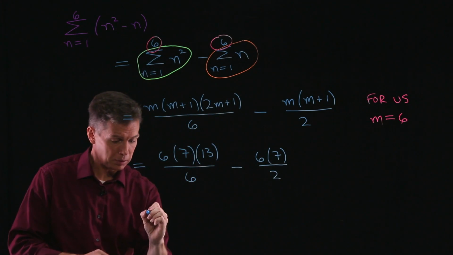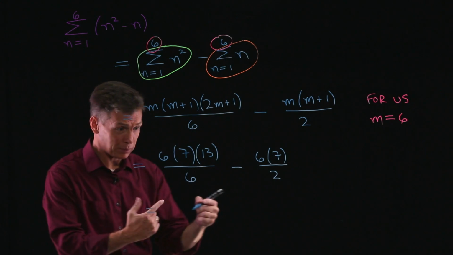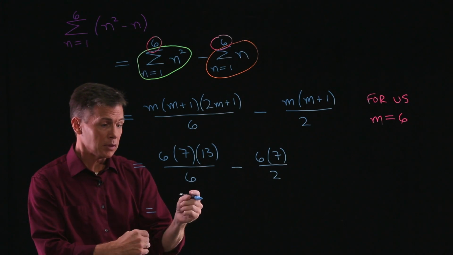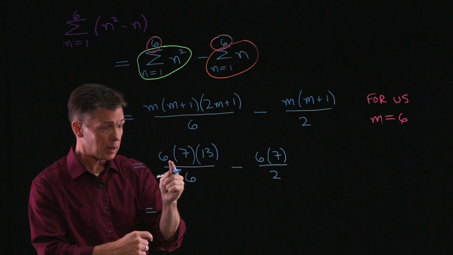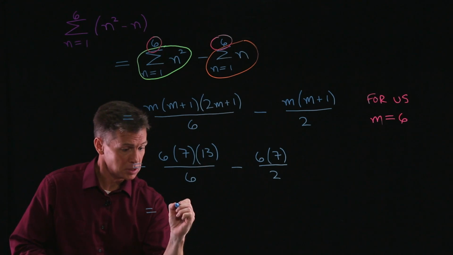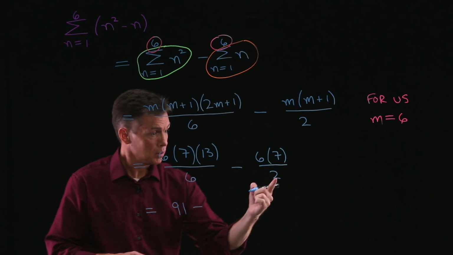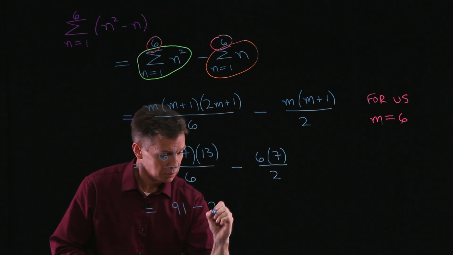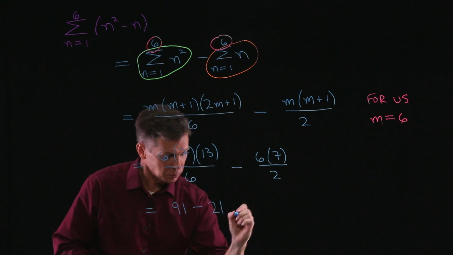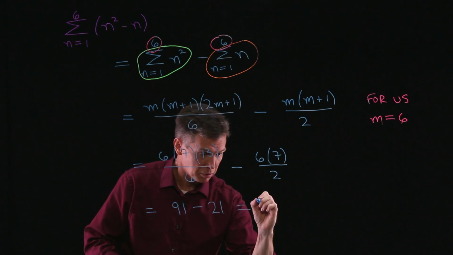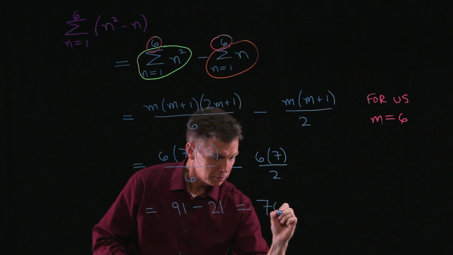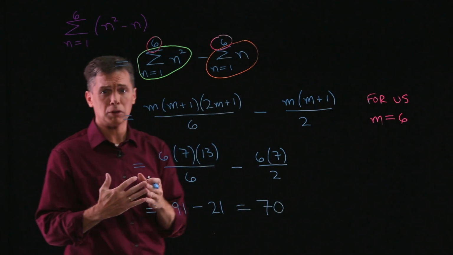Some arithmetic: the 6 divides out. 7 times 13 is 91. Subtract. 2 goes into the 6, leaves me with a 3 times 7 is 21. And I'll do that arithmetic as well. 70. Sound good? That's all we're looking to do.